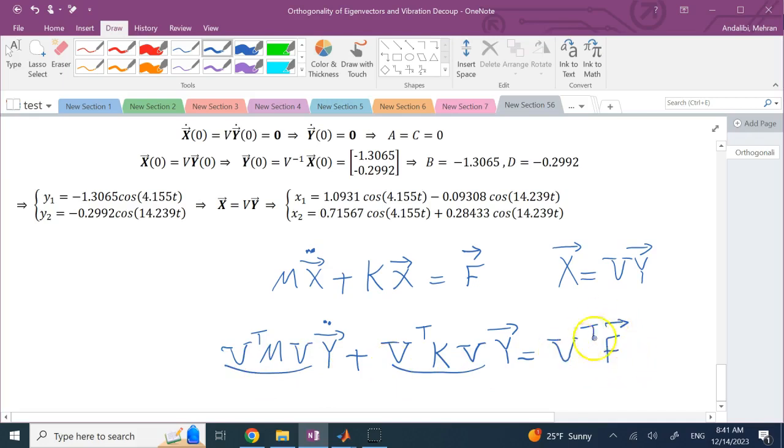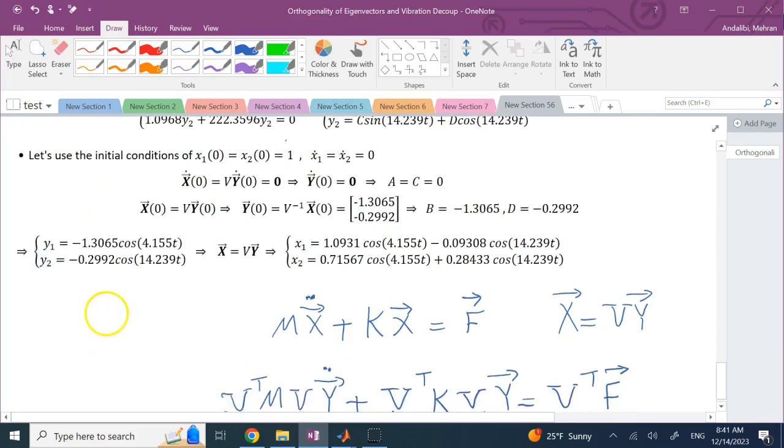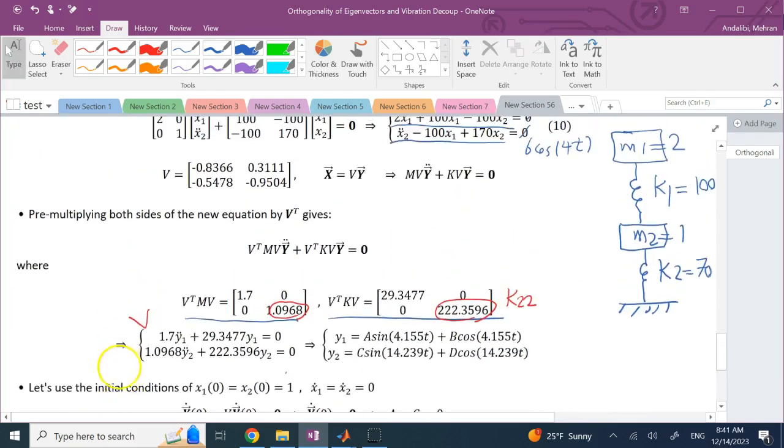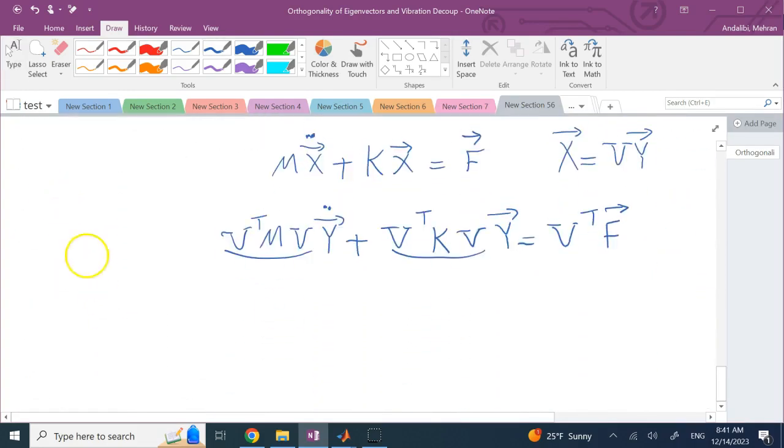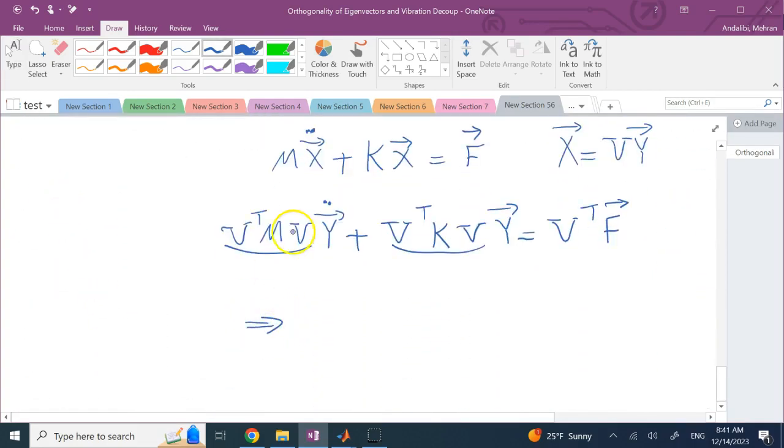But this V transpose times F is going to create a mixture of both of these harmonic functions for my system, right?